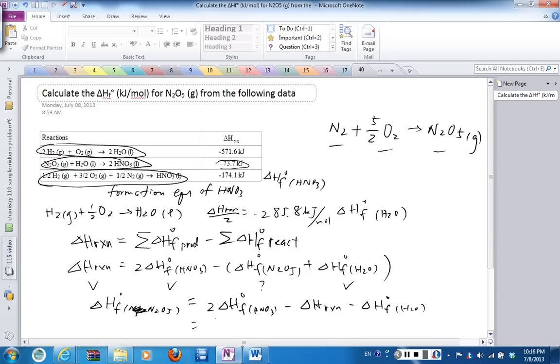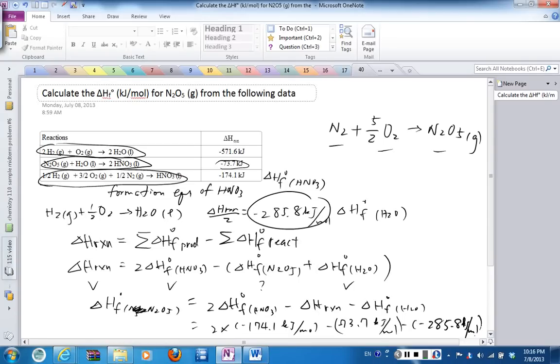This is 2 times negative 174.1 kilojoules per mole, minus 73.7 kilojoules per mole, minus, we already calculated here, so that's negative 285.8 kilojoules per mole.